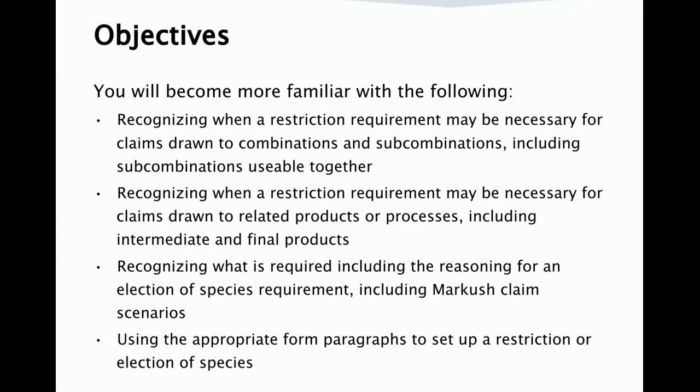It is important to note that this lecture is limited to restriction of utility patent applications filed under 35 U.S.C. 111(a). It does not apply to PCTs or national stage applications filed under 35 U.S.C. 371.